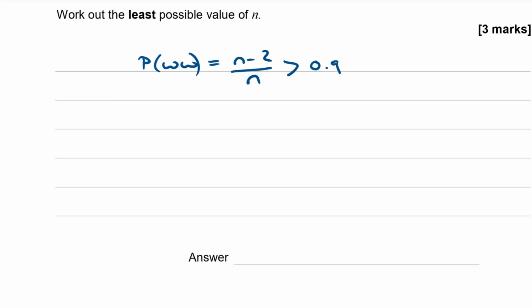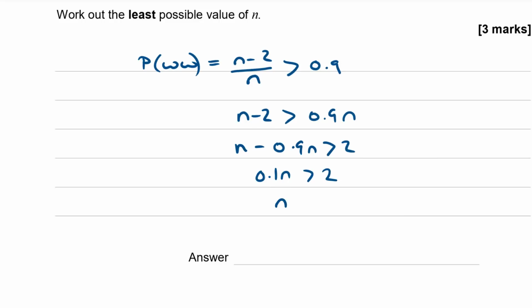So cross multiplying by n, I'm going to have n minus 2 is greater than 0.9n. Then n take away 0.9n is greater than 2. So n take away 0.9n is going to be 0.1n. 0.1n is greater than 2, so multiplying through by 10, I'm going to get n is greater than 20.